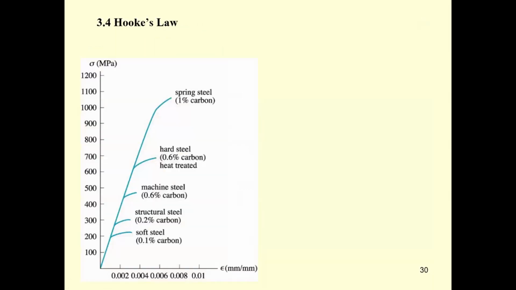Now, we move to Hooke's law. Hooke's law is very important because Hooke's law follows our civil engineering assumption of the behavior of the material. That's going to be linear, elastic, and small deformation.